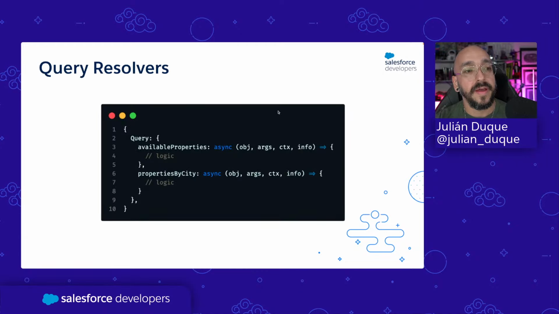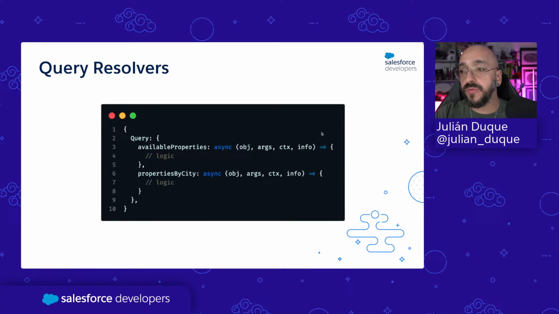In JavaScript, which is what we are going to be working with today, how does a resolver look? I have an object that maps the queries to the specific queries by name, so available properties or properties by city, and each one is just a synchronous method in JavaScript.